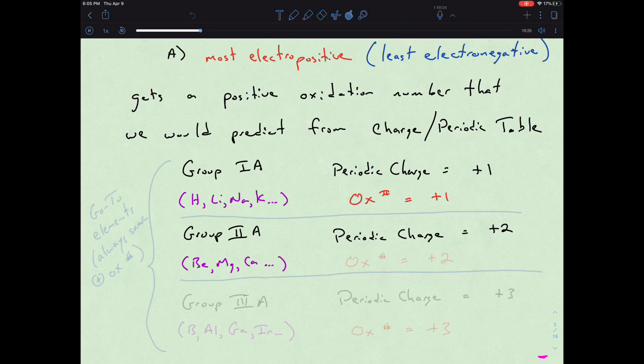So that means that the oxidation number for these elements in this row, in this family, is also then +2.